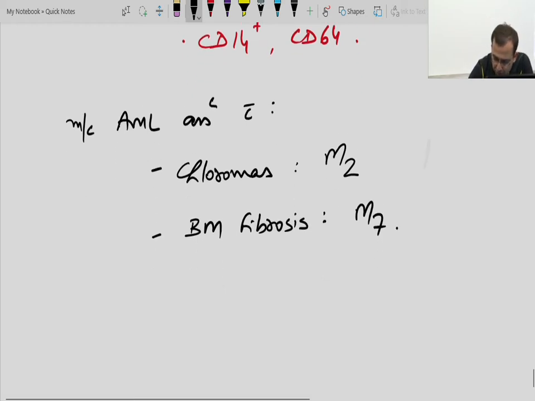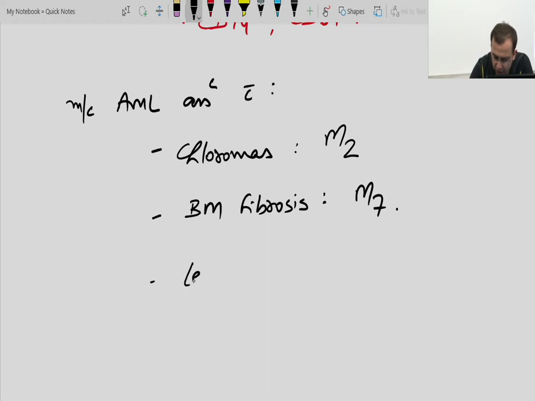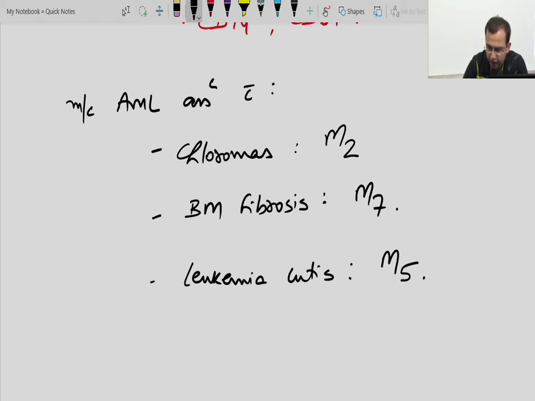Next, the most common AML with leukemia cutis, which is involvement of the skin with leukemic nodules, is M5.